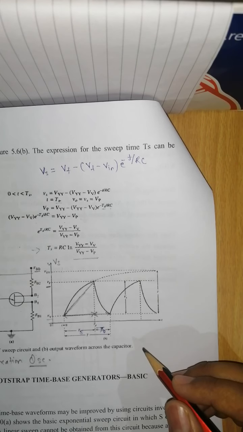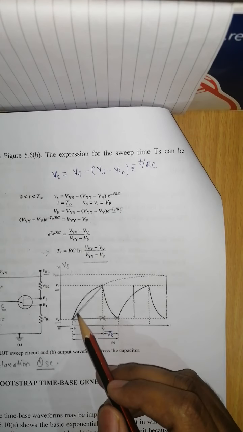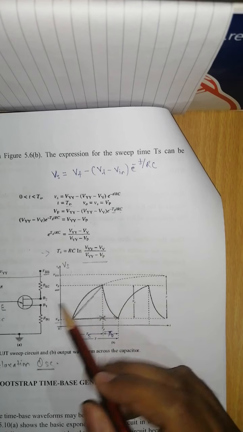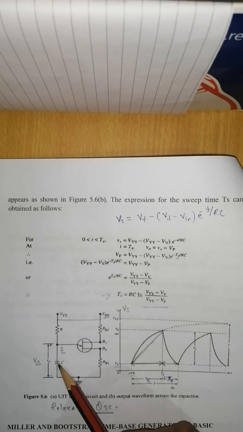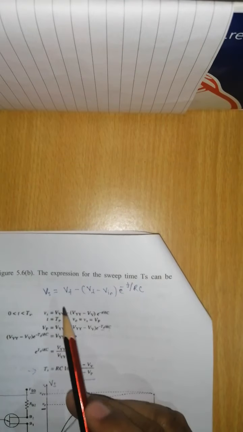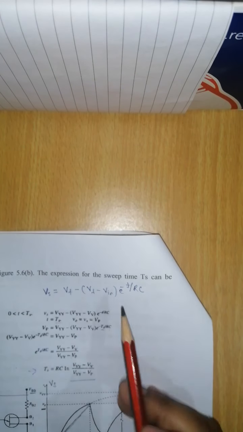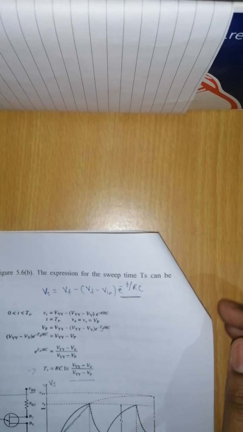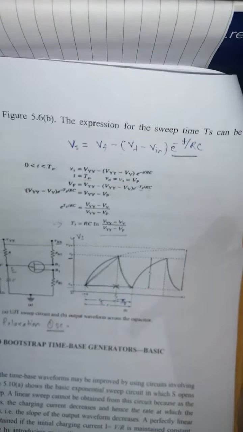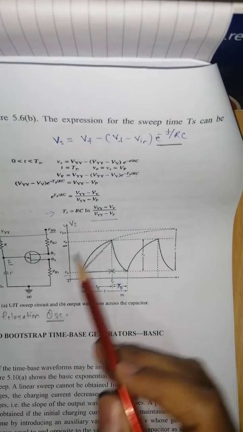But whenever we are generating the waveforms by using the capacitor, the charging equation of the capacitor is an exponential function. The voltage across the capacitor is a function of e to the power minus t by RC. So the waveform generated by this capacitor will be exponential.